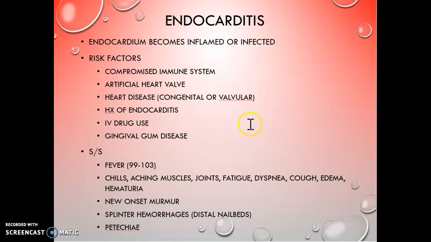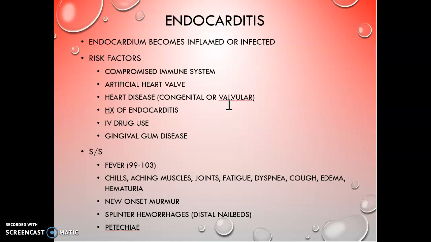So if they have to have dental work done, and they have a valve, or they have heart disease where their heart is weaker, these people will be on prophylactic antibiotics if they're going to have dental work, or if they get hit in the mouth, like young people who have valve issues. They have standing orders, and they carry a little kit of antibiotics with them, like at school.